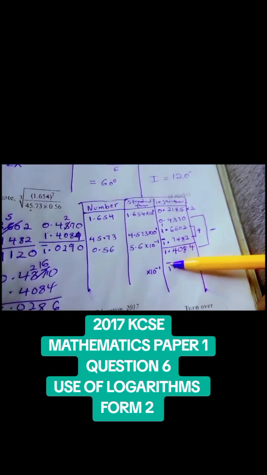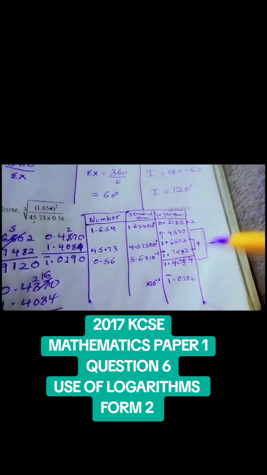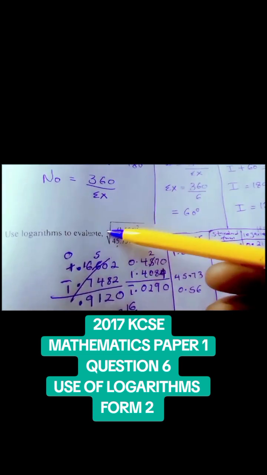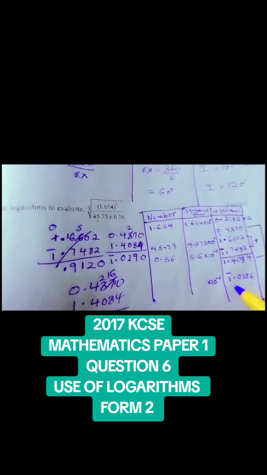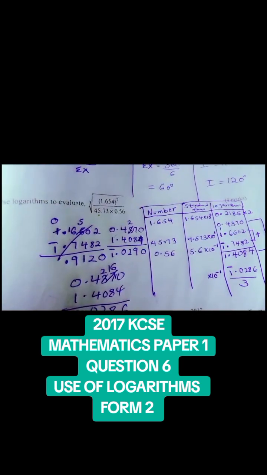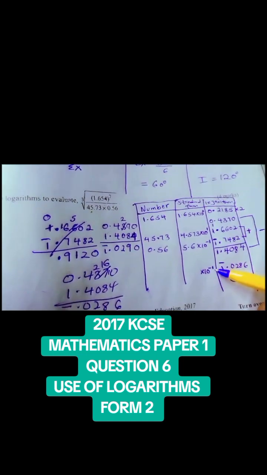But before you do this, go back to the question and check. This one here, we have a cube root of 3. Therefore, my answer here should be divided by 3. You see? Before you do the antilog, go back to the question and solve the cube root function.